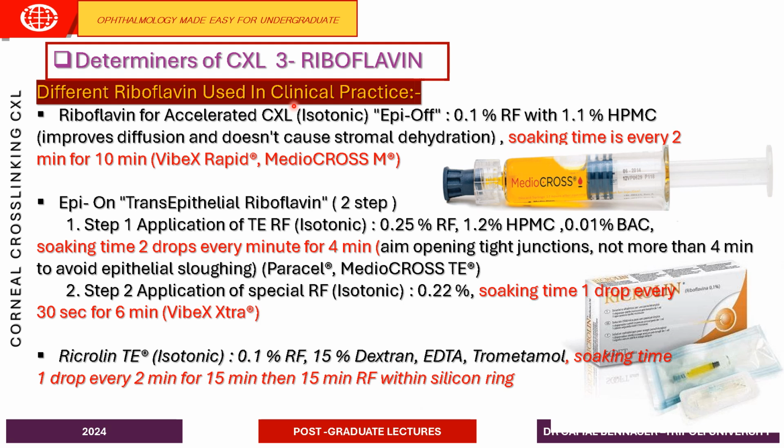Soaking time is 1 drop every 2 minutes for 15 minutes, and then for 15 minutes within a silicone ring: you apply a silicone ring on the surface of the cornea and keep the riboflavin for another 15 minutes, so the total time will be 30 minutes. In this way, you enhance the absorption of the riboflavin. These are some examples of the commercially available riboflavins on the market.